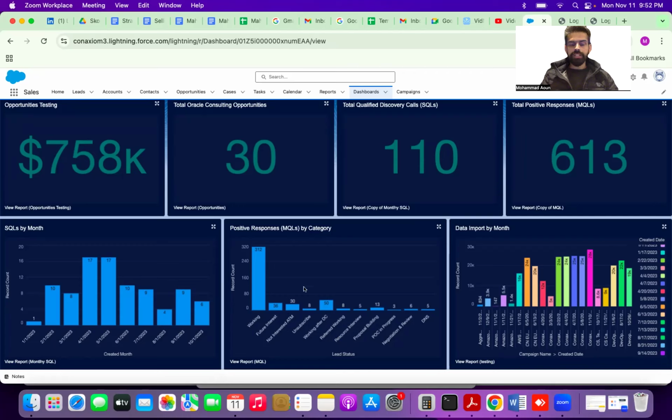Once I get these marketing qualified leads, or MQLs, I set up discovery calls with them. Out of those MQLs, a certain number falls through the cracks, but a certain number converts into discovery calls.